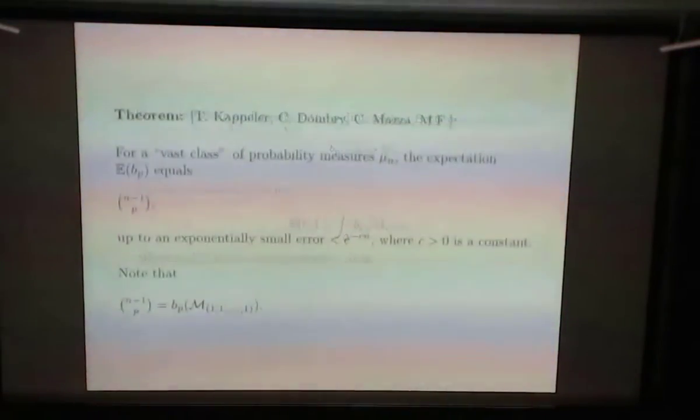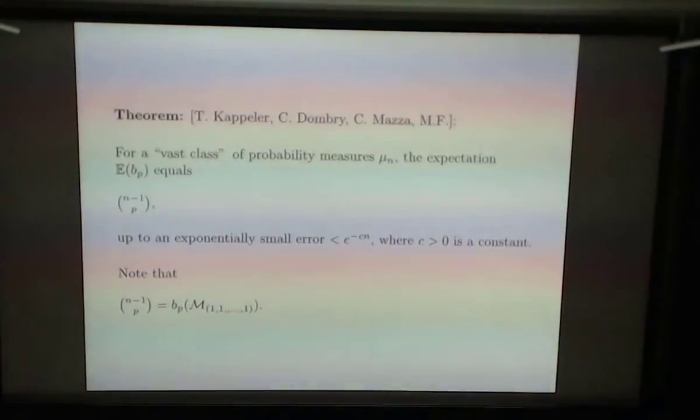The result which I state here is in an intentionally vague form. It's a mixture of different theorems obtained by Kappeler, Dombry, Mazza, and myself in different papers. And it says, again very vaguely, that for a vast class of probability measures mu n, the expectation of this Betti number is this binomial coefficient up to an exponentially small error.